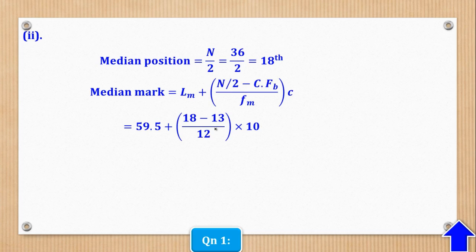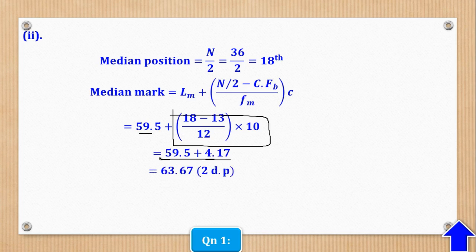Then we use the calculator, and when I simplify only this part, I come up with 4.17. Then I add on this lower class boundary to come up with 63.67 to 2 decimal places. So you have to remember to note that you rounded off to 2 decimal places. So that was part A.